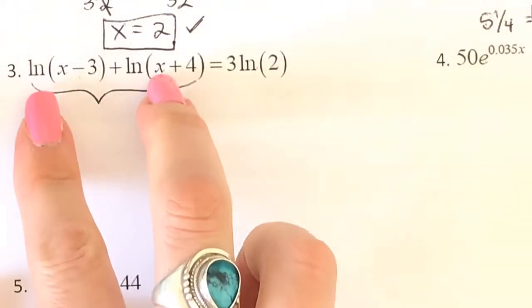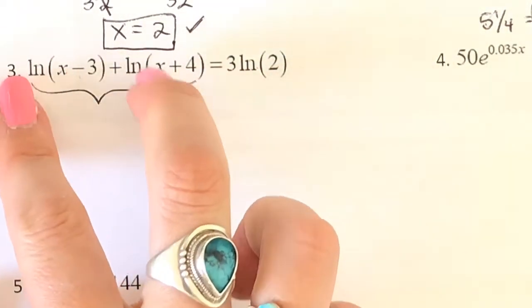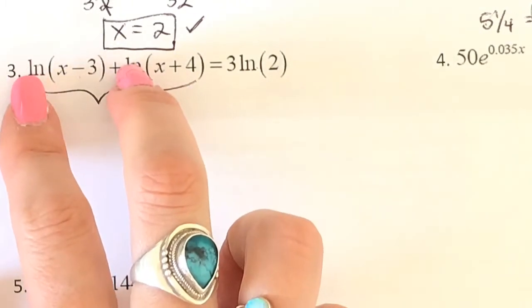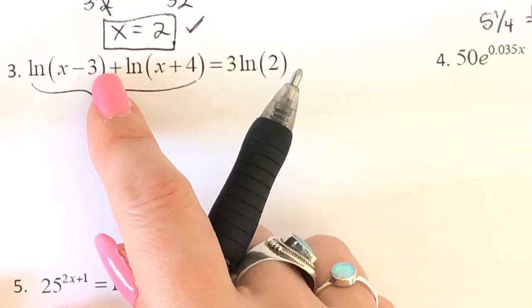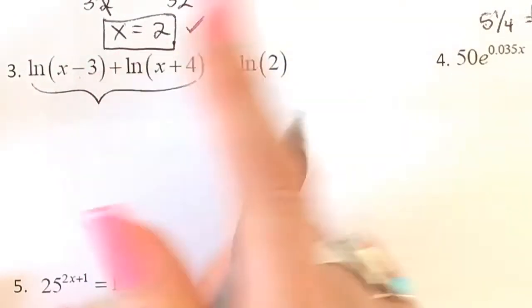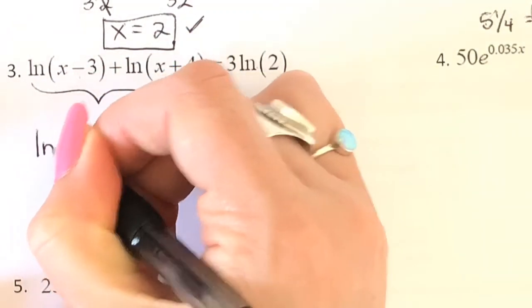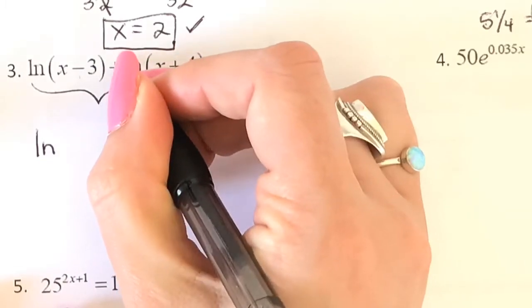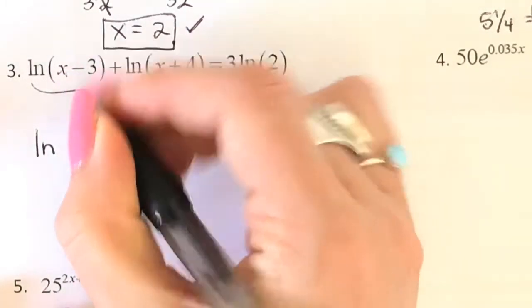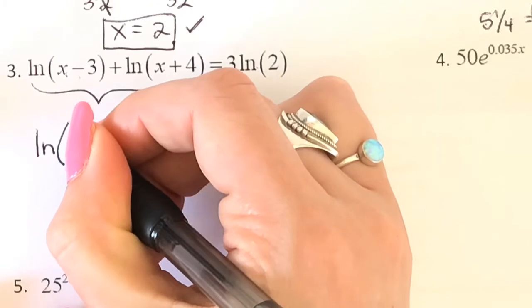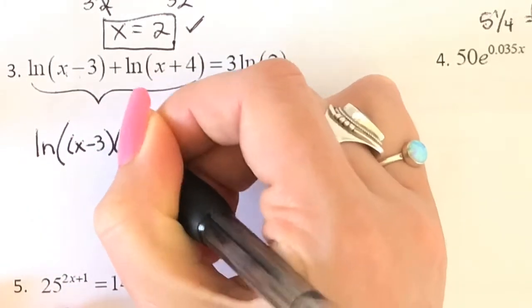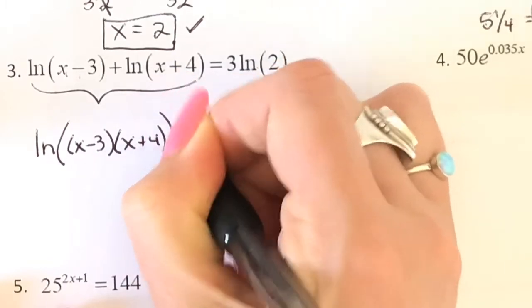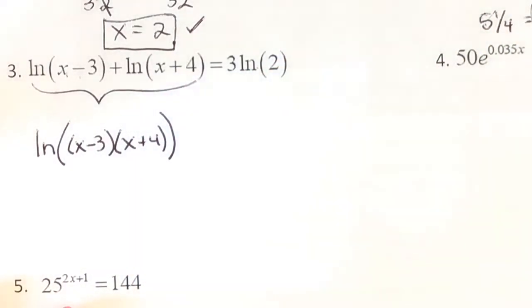If you remember back to 7.2, if I have a natural log plus a natural log and they are the same type of logarithm like we have here, if they're being added, I can condense those into one natural log, and this addition sign is telling me to multiply the insides. So it would be like I have, in double parentheses, x minus 3 times x plus 4 inside one natural log.